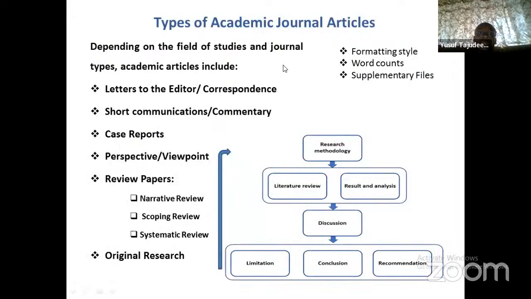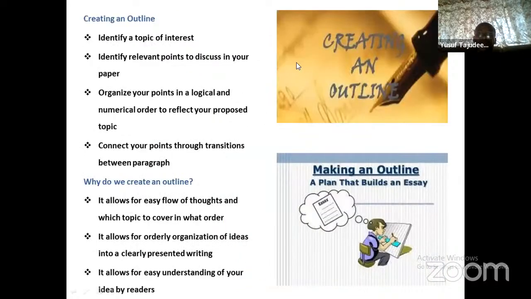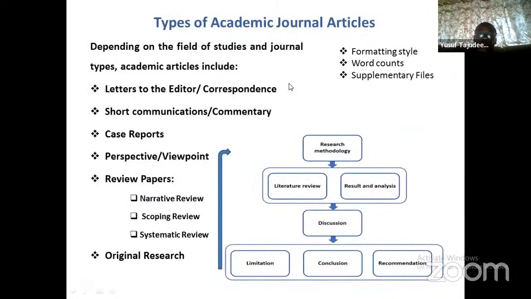So what are the kinds of types of academic articles that we have? The first is letters to the editor. Letters to the editor are just a short form of writing to an editor of a journal about a particular trending topic.